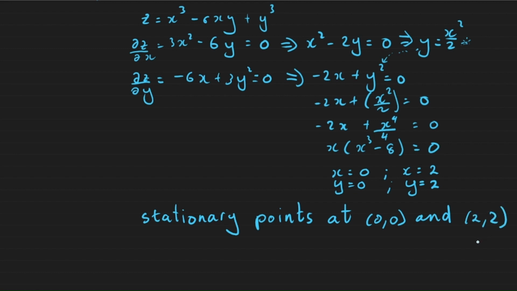But how do we determine if a true maximum or true minimum occurs at any one of these points? Or are they just a local minimum or maximum? To answer that question, we consider what's called the second derivative test. This is something that we derived earlier.